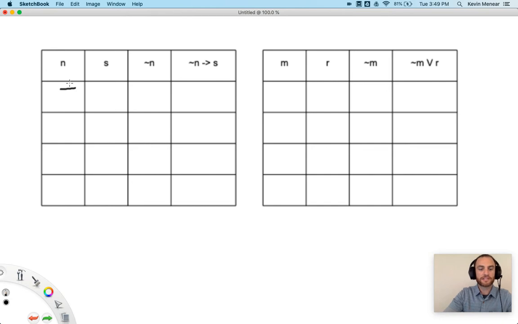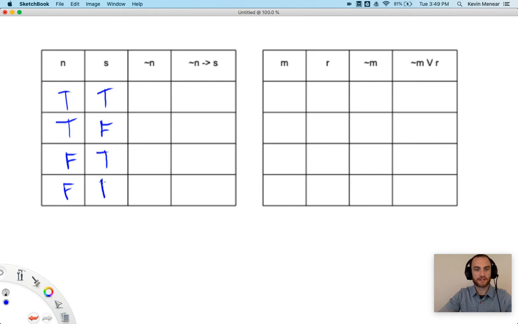All right, the first thing that you should know is whenever you're doing a truth table, you always fill out these two columns the same. So you always start with true, true, false, false, and then you go true, false, true, false. Now, this is an example of logical thinking.